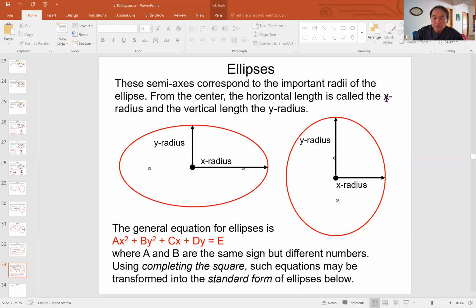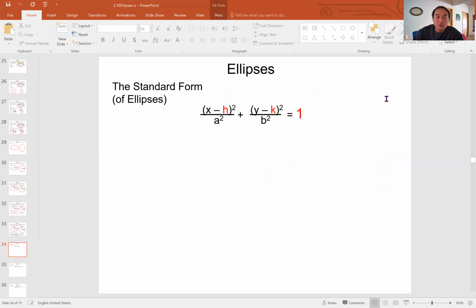Now we're going to use completing the square again, and we're going to put the second degree equations into a standard equation for ellipses, which is this. Any equation of an ellipse, we can use completing the square and manipulate into this standard form.